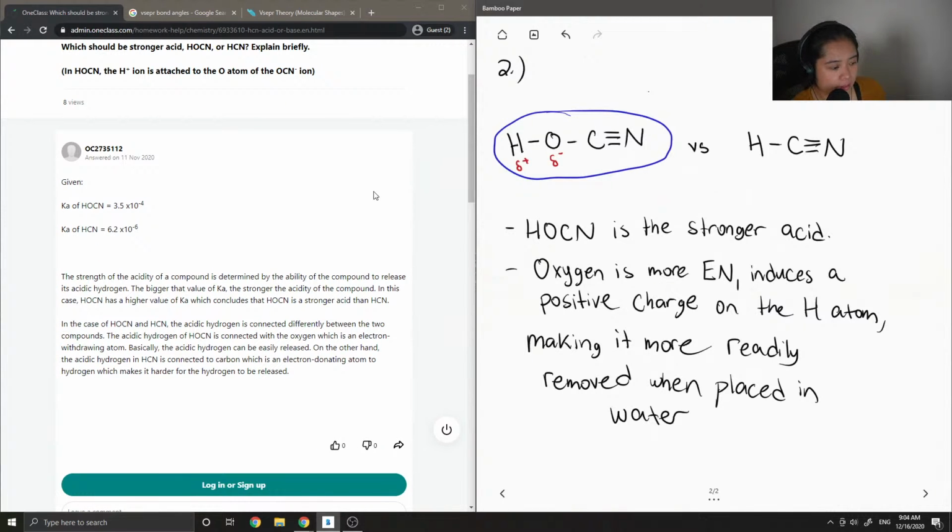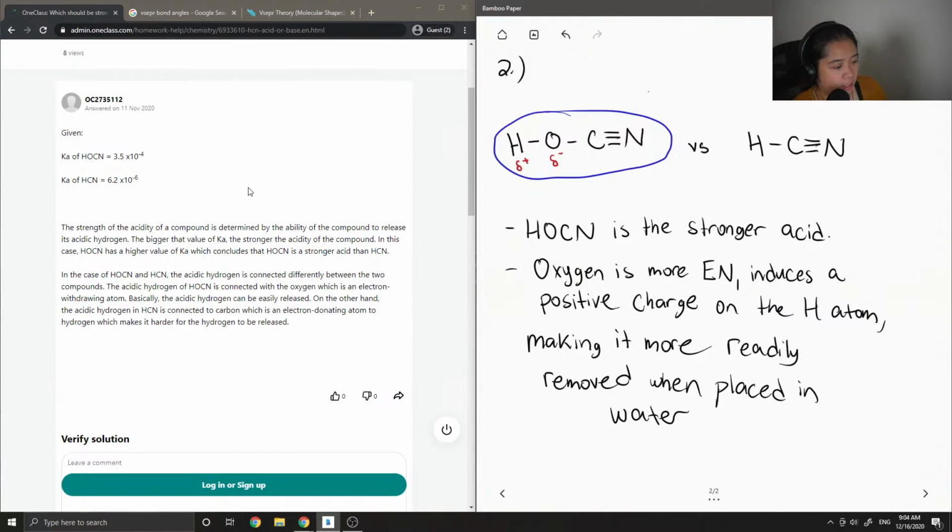Okay, so let's see what the junior tutor said. They use a different approach using the Ka values. So the Ka is also the acid dissociation constant. So let's see what they said. The strength of the acidity of a compound is determined by the ability of the compound to release its acidic hydrogen.